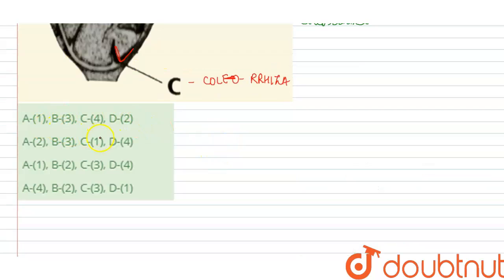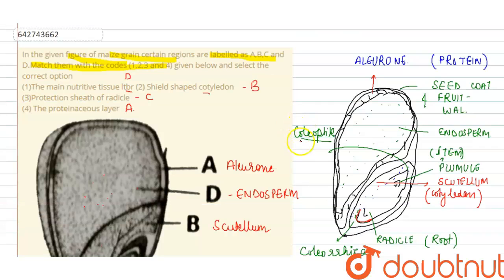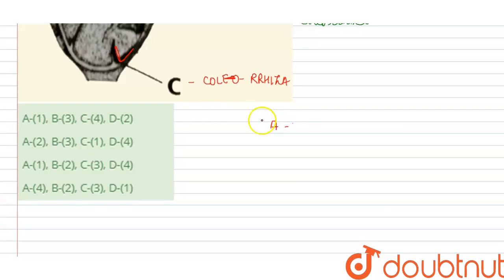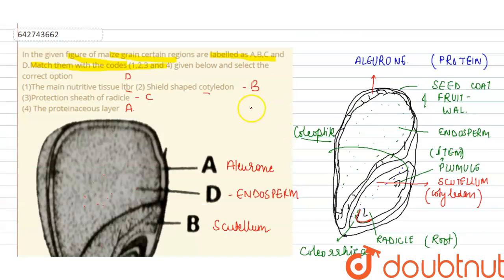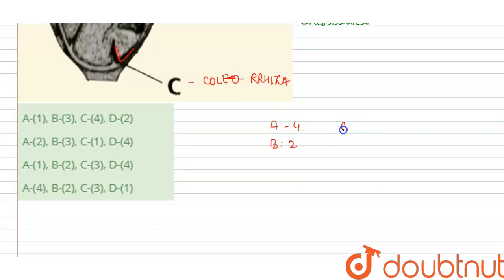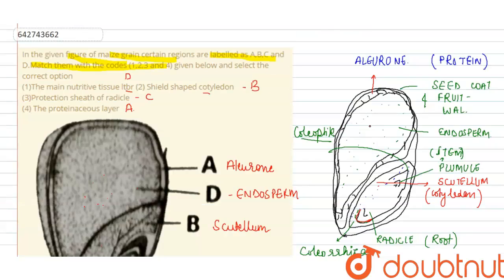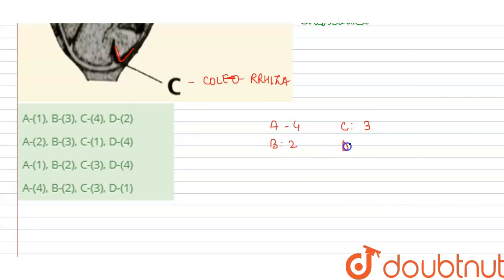A is given by 4. B is given by 2. C is for 3, and D is for 1. So A4, B2, C3, D1. Hence this is our correct answer.